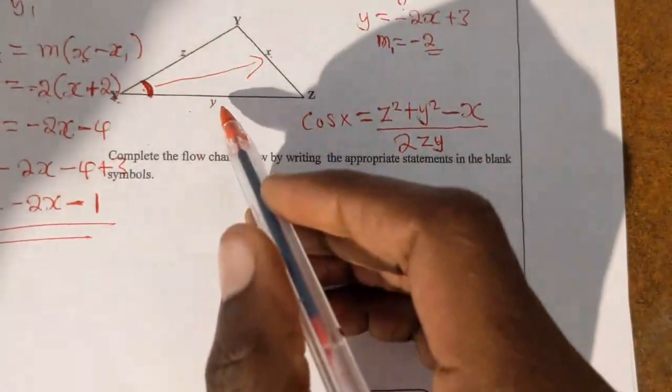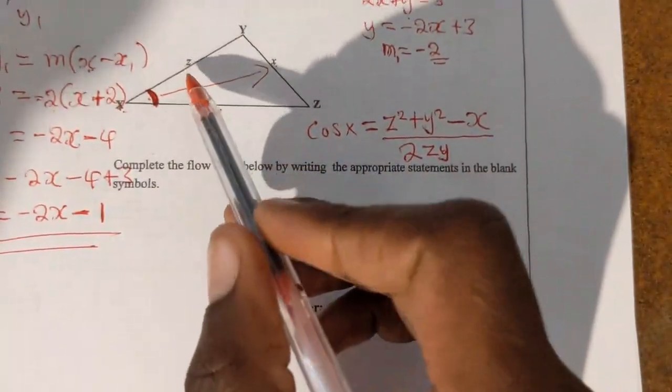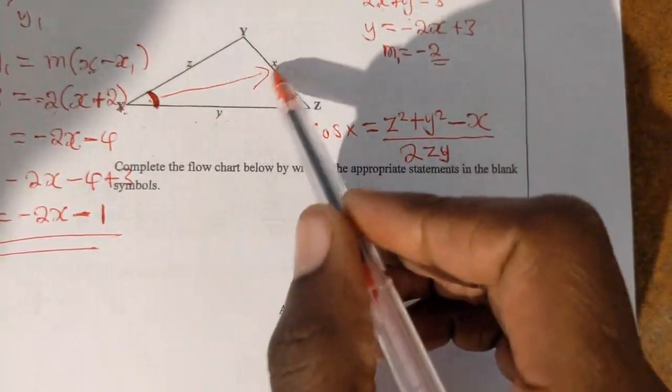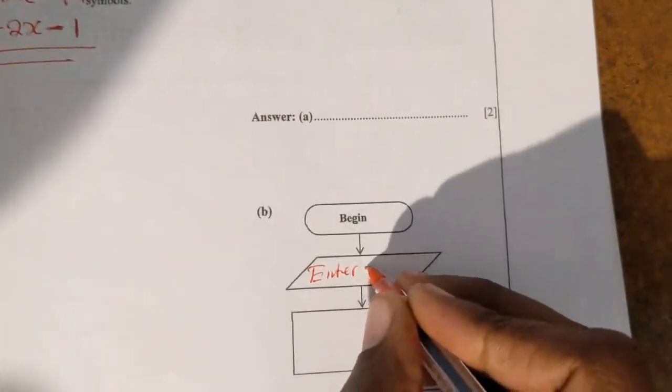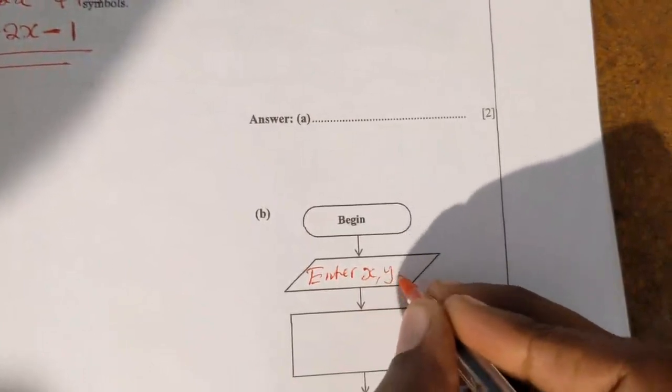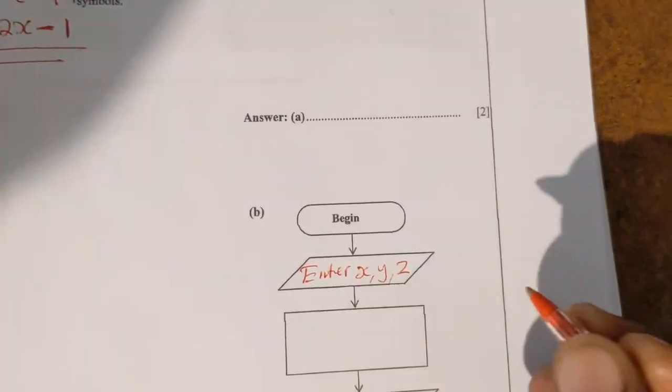The values given here are z, y, and x, so just enter x, y, z here. That is what you're supposed to do.